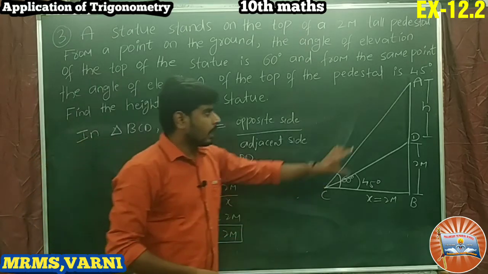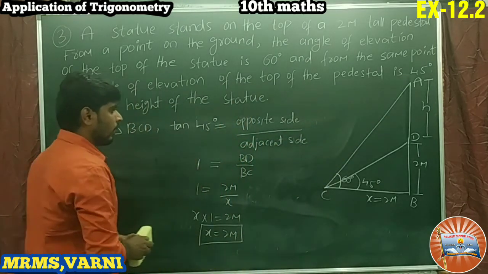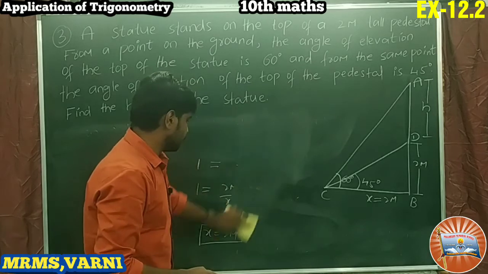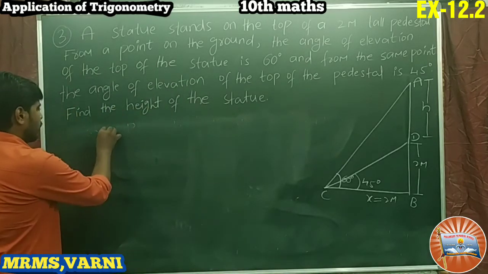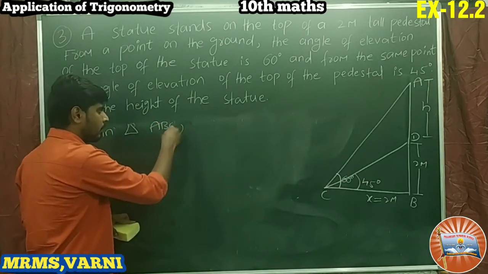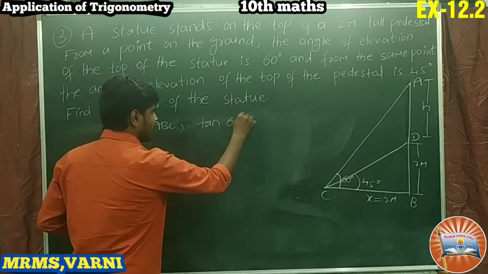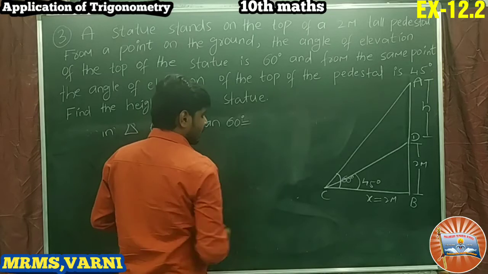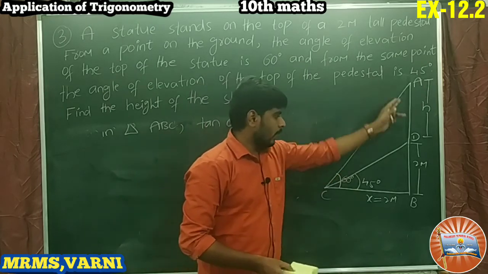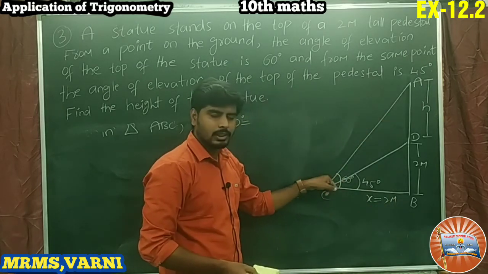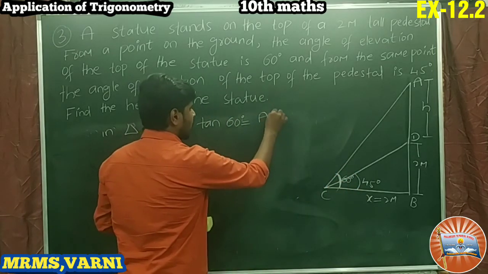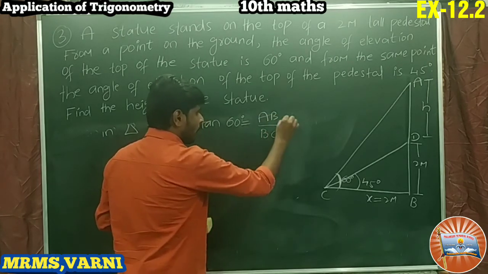Let's find the AD value. To find AD value I am going to take the tan 60 ratio here. In triangle ABC, tan 60 degrees is equal to opposite side by adjacent side. In triangle ABC, AB is the opposite side to angle 60 degrees, and BC is the adjacent side.